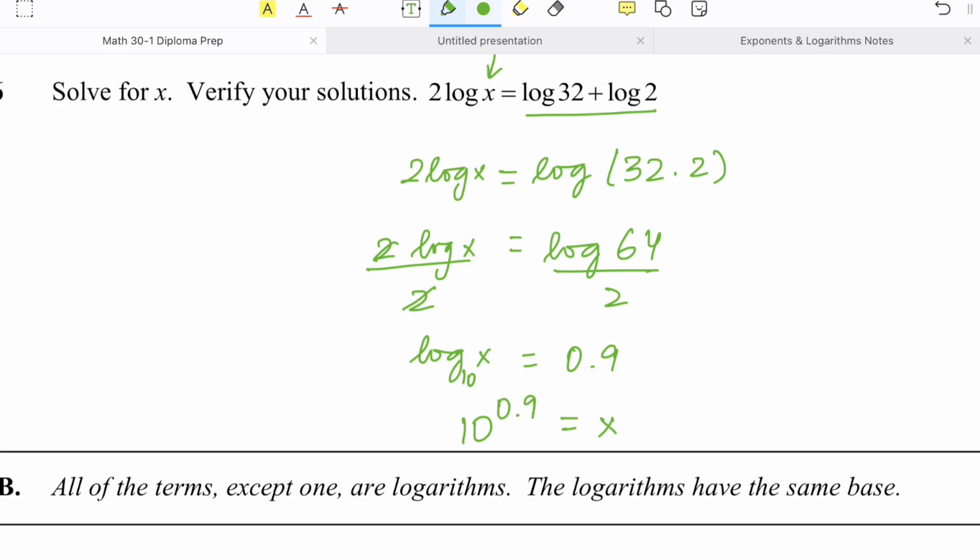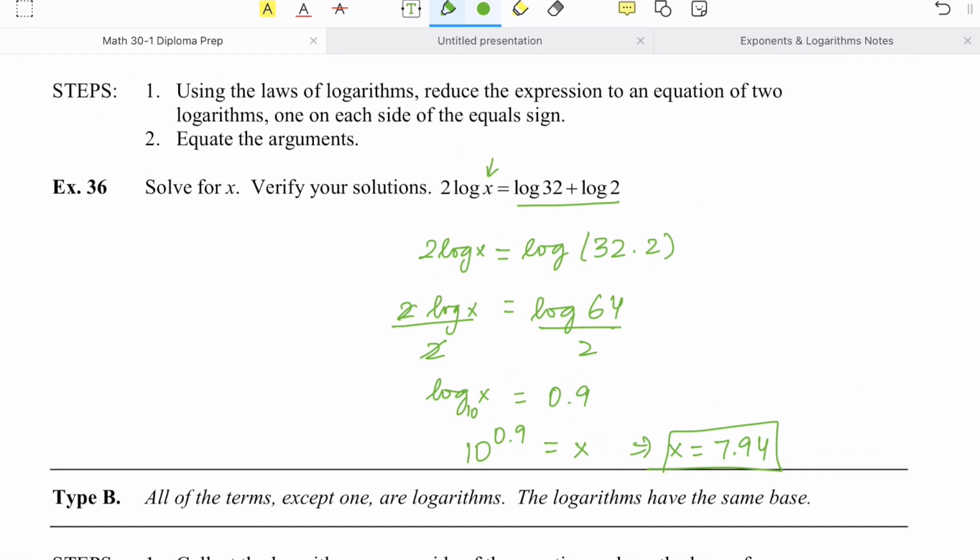So 10 to the power of 0.9 is x is equal to 7.94, which is approximately 8.